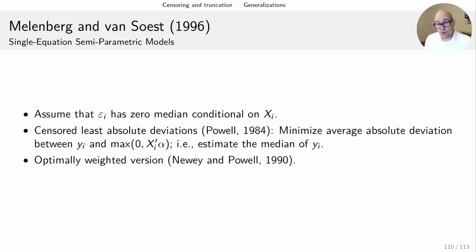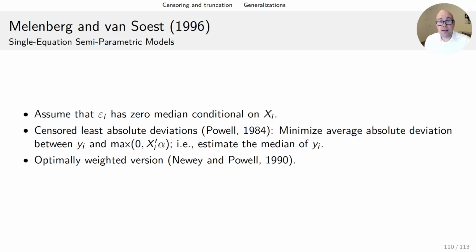The next thing they do is something that is related to what we have seen before for the binary choice model. There we looked at Manski's maximum score estimator.